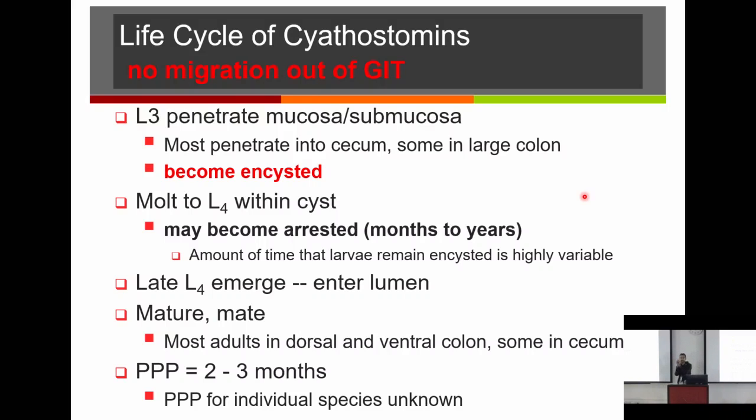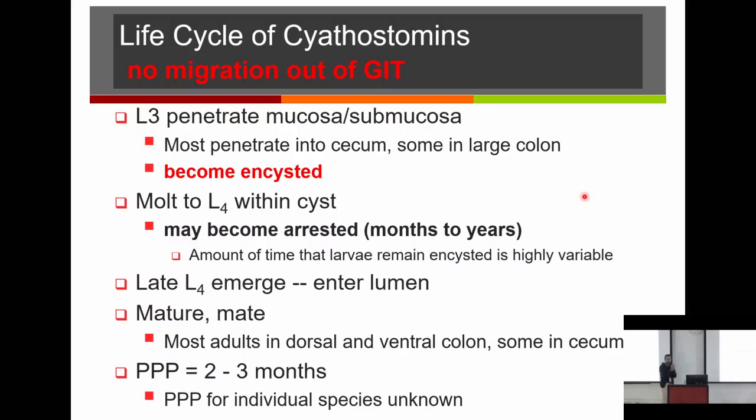L3 stage larvae make the cyst in the intestine, and then it converts into L4 stage larvae. And that is the time, you remember we talked about that, the arrest state, L4 is the stage where the parasite goes into the arrest state.